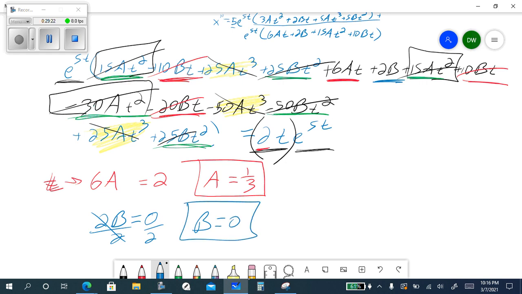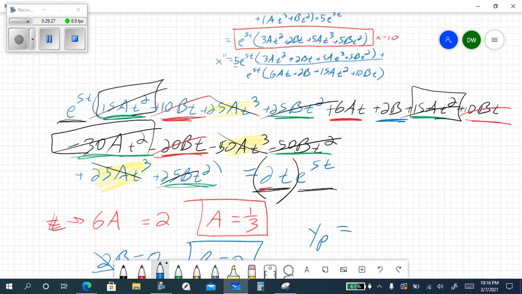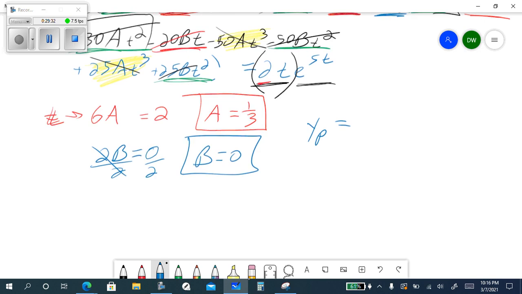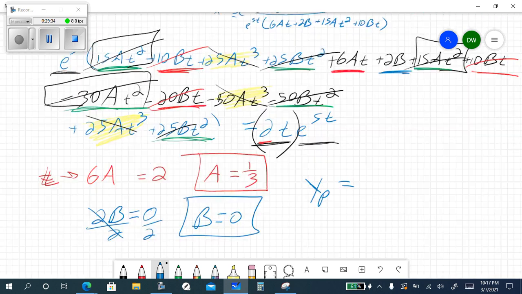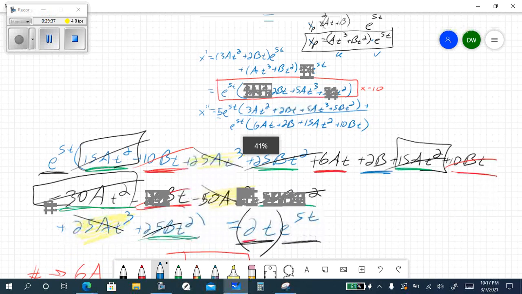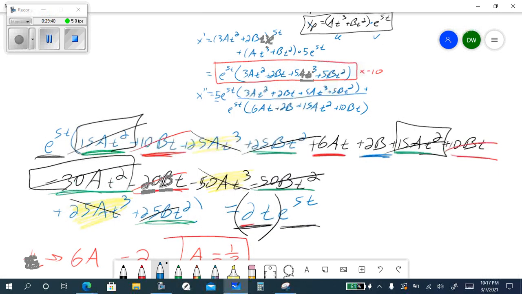So for our particular solution, it turns out that, and there I go writing y again. This is supposed to be x. So for our particular solution, we have 1/3 is a.